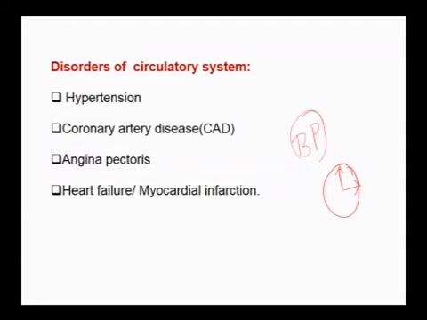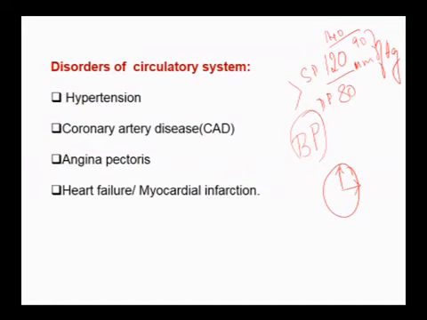A normal blood pressure is 120 by 80 mm of mercury, wherein this is the systolic pressure and this is the diastolic pressure. If the recurrent reading of the blood pressure is more than 140 by 90 mm of mercury, then the person is considered to be hypertensive.